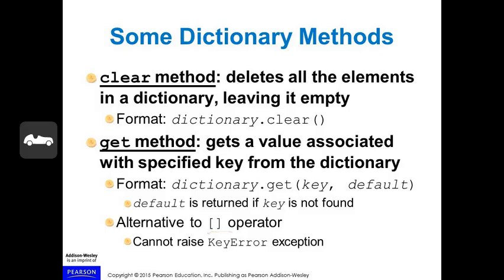So here is the general format. If the key is found in the dictionary, the associated value will be returned. If the key is not found, this default value will be returned. There will be no key error exception raised as with the bracket operator.